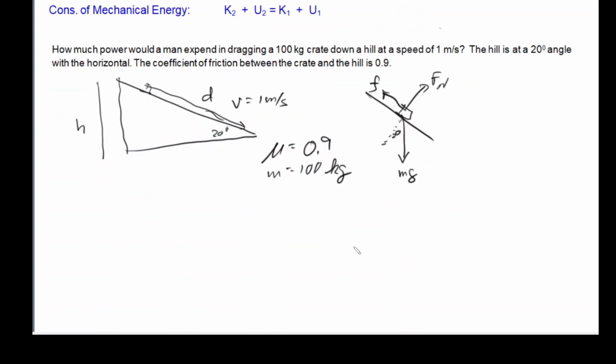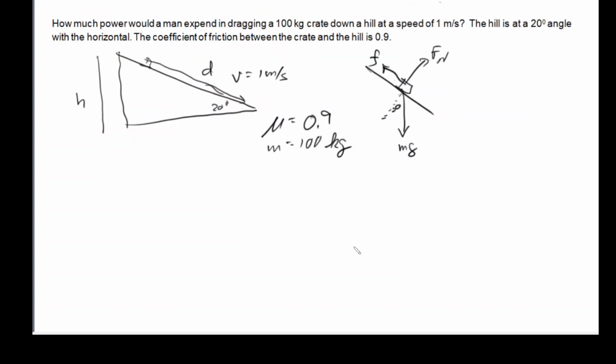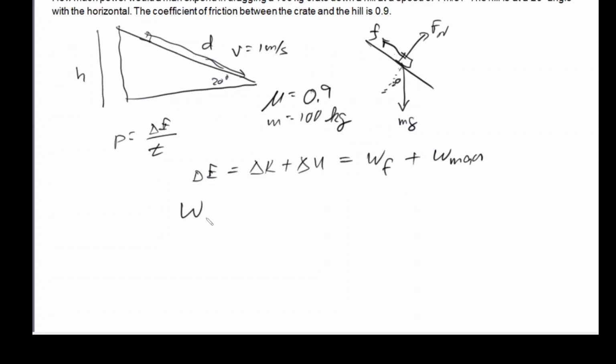So we want to know what the power would be that the man would expend. And in general, power is the change in energy over time. So the change in energy is basically equal to the change in kinetic energy plus the change in potential energy, which in this case is due to work done by friction plus the work done by the man. So we want to find out what the work done by the man is.